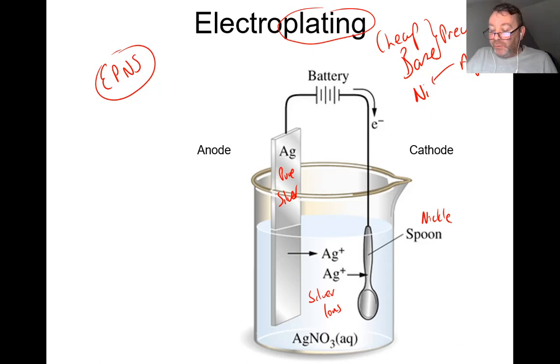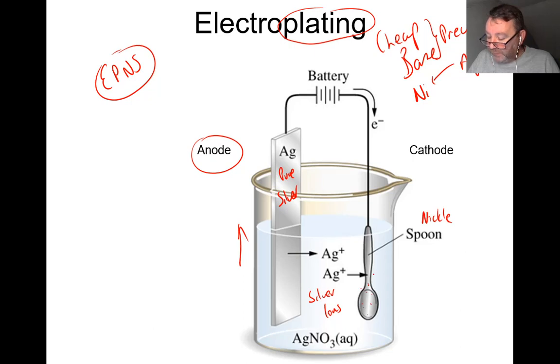So, what happens when I switch on the power? First of all, ACE, ACE. The arrow points this way, which means the electrons are going to move up away from this bar of silver, making that the anode. They will then reach this terminal of the battery. Electrons then will come from this end down and they'll gather over the surface of the spoon, like that.